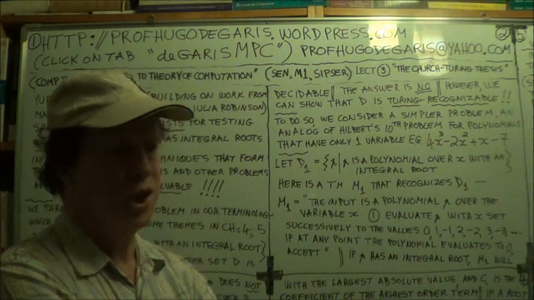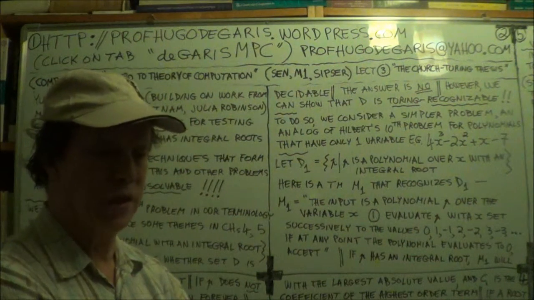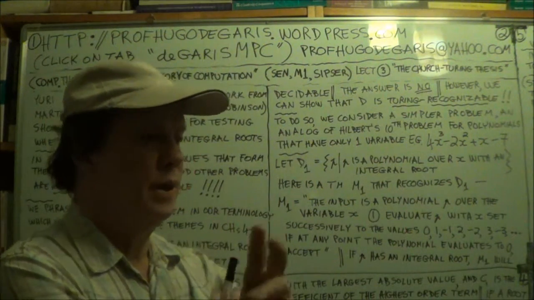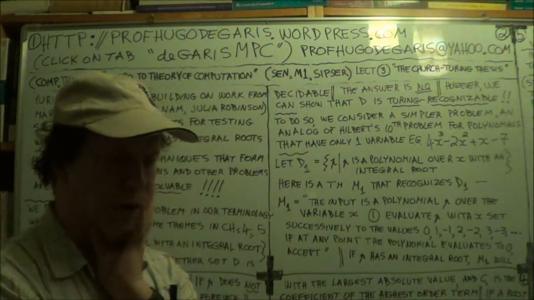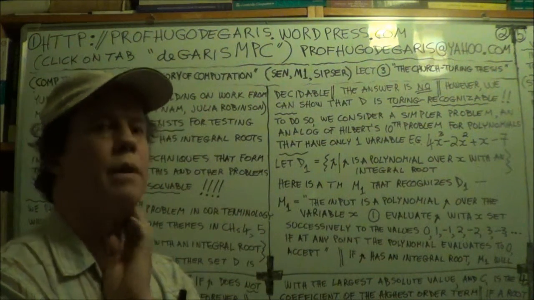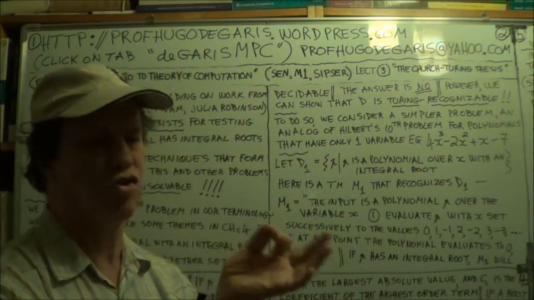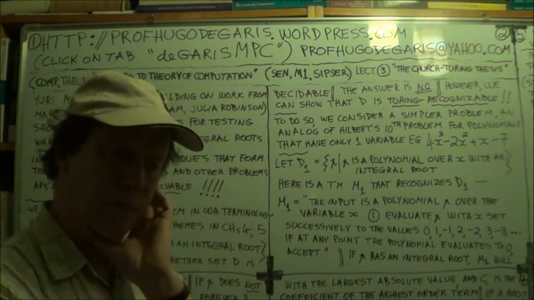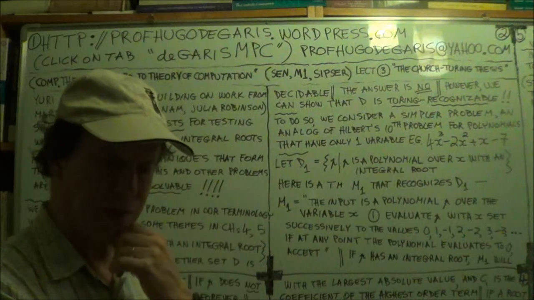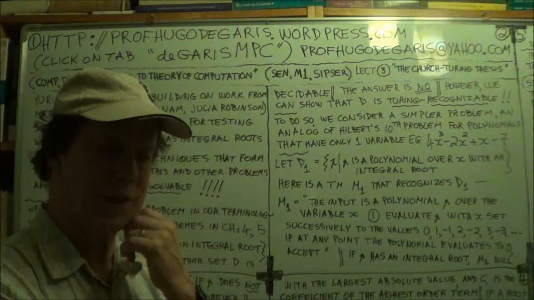A Turing machine decides a language if, for each string, remember that's all a language is, just a set of strings, it accepts or rejects each string, for all strings. And so it accepts the strings that are in the language and rejects any other. So that's to decide.